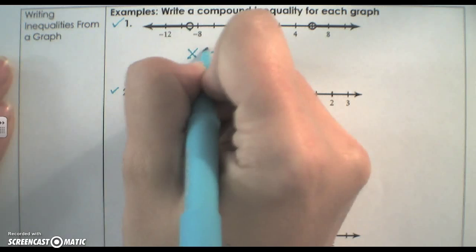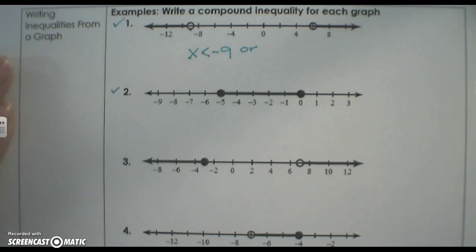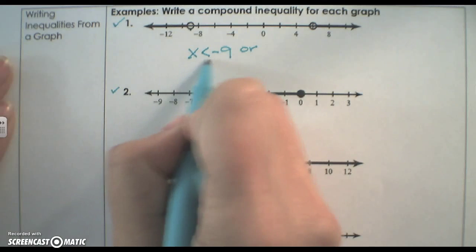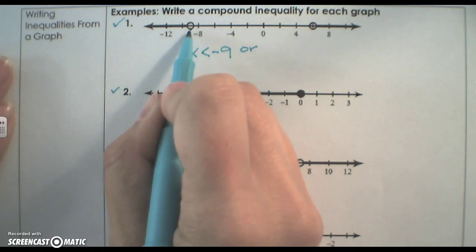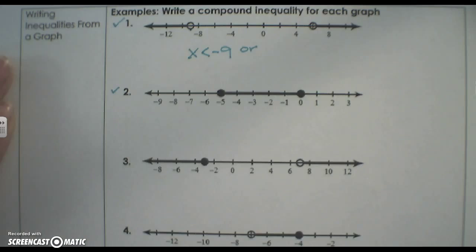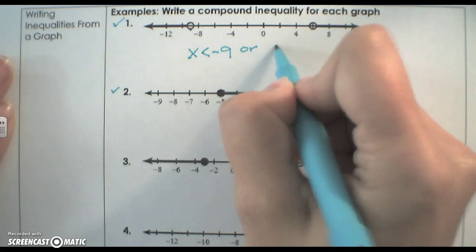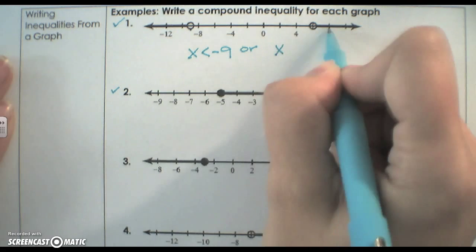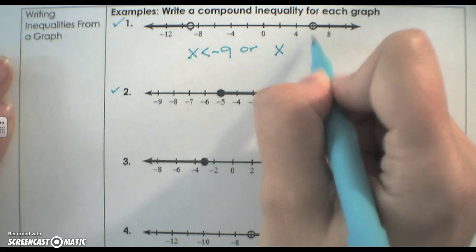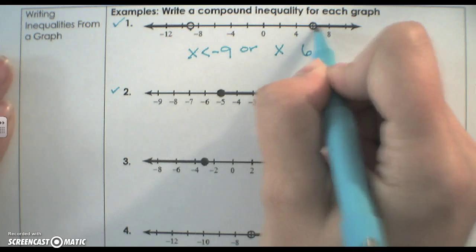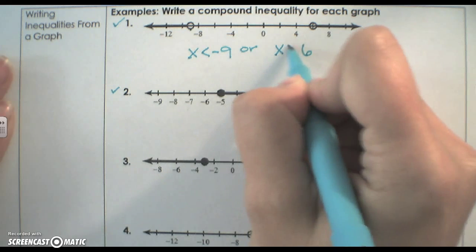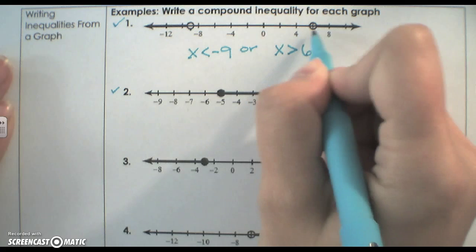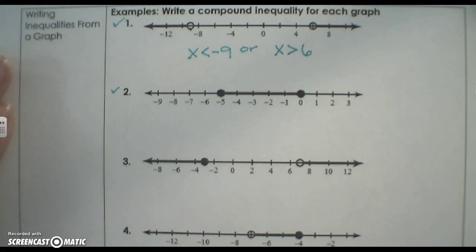So x, we want the tail end to go towards it. We do not want a line under here because it's an open circle. Next, we have x, and we're between 4 and 8, which would be 6. And we are going bigger, so greater than, with no line because it's an open circle.